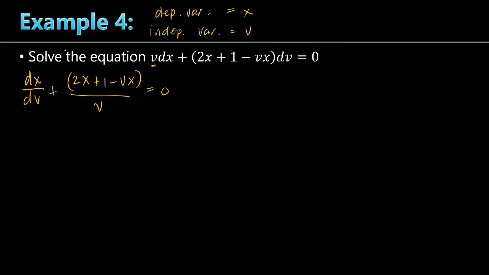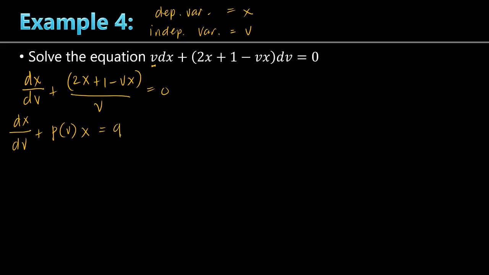So, paano natin isusulat yung first-order linear differential equation kung ang dependent variable ay x at ang independent variable ay v? So, first term yung derivative, dx over dv plus p of, di ba kanina p of x? Dito ang independent variable ay v, kaya magiging p of v times the dependent variable x equals, yung nasa right hand side, yun yung term na may independent variable, right?